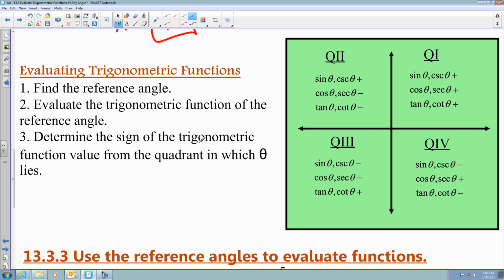So we can determine the value of our trig functions by using reference angles, but also by determining whether they're positive or negative. Here are the steps to do that. First, you have to find the reference angle. Second, you evaluate the trig function of your reference angle, and then determine the sign of the trig function by looking at our chart here.